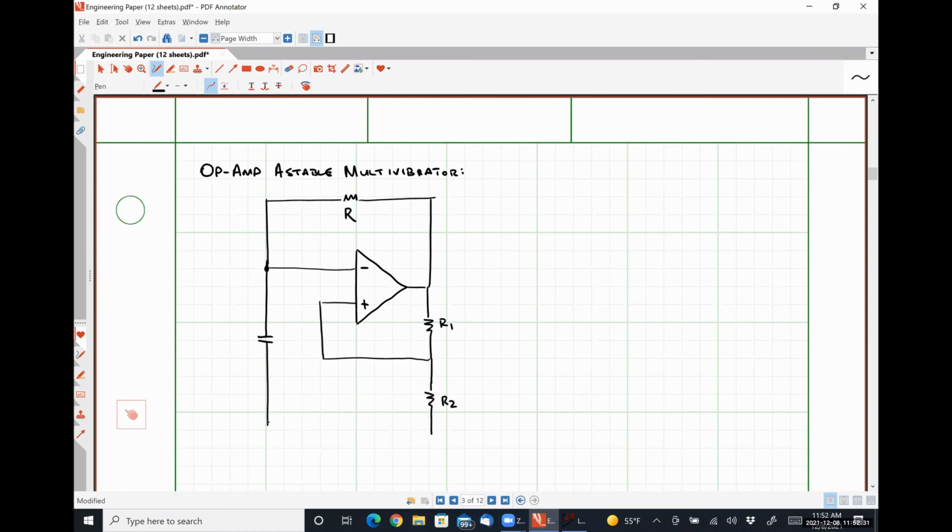Here we have a capacitor, C. And this node will be ground, and this guy can be powered VCC plus, VCC minus. And here is our output node.